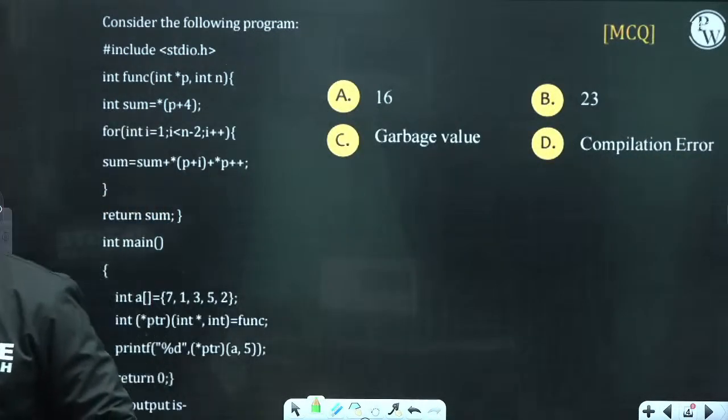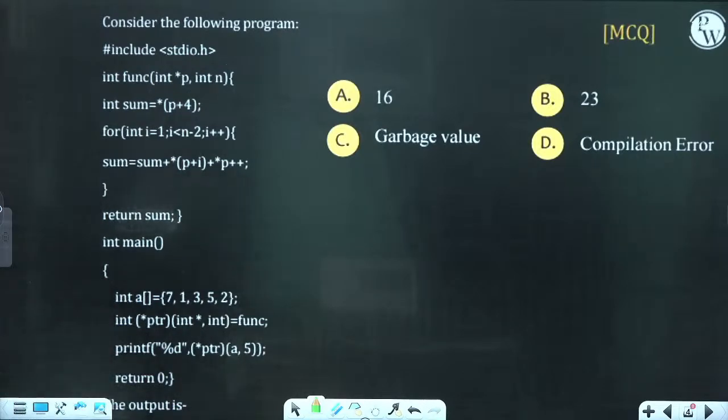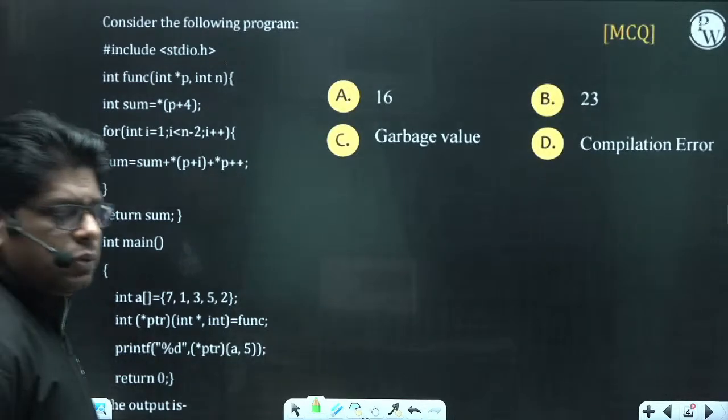Otherwise, I will solve it. Just try to solve it.